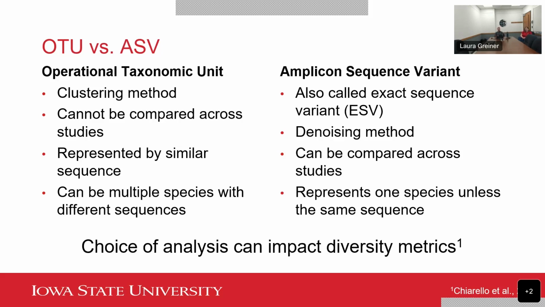ASVs are really a denoising method where we're identifying errors, removing errors, and then when sequences are exactly the same, considering those the same species. Because of that, it allows us to compare across studies. At the end of the day, both of these approaches are valid, accepted, and widely shown in literature, but the choice of that analysis will impact your results. So it's important to keep that in mind.